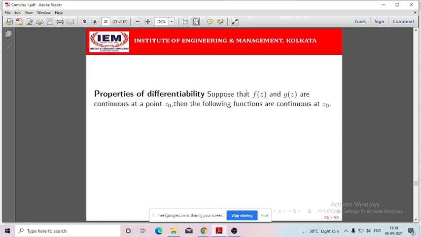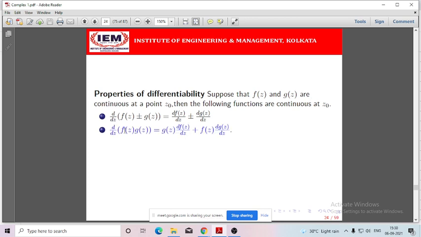Okay. Then the properties of differentiability are the same as we did for limit and continuity. If fz and gz are two functions which are differentiable at the point z0, then the sum of the two functions will also be differentiable at the point z0, and d dz of fz plus minus gz will be the derivative of fz plus minus derivative of gz.